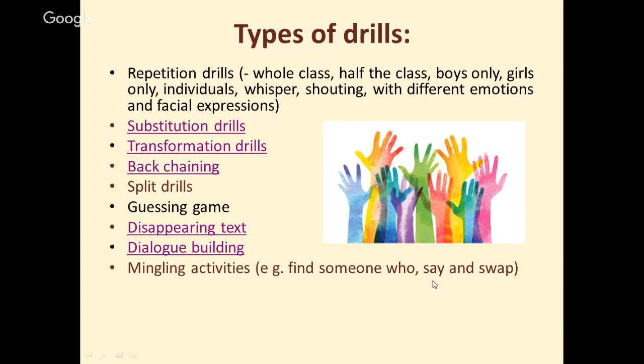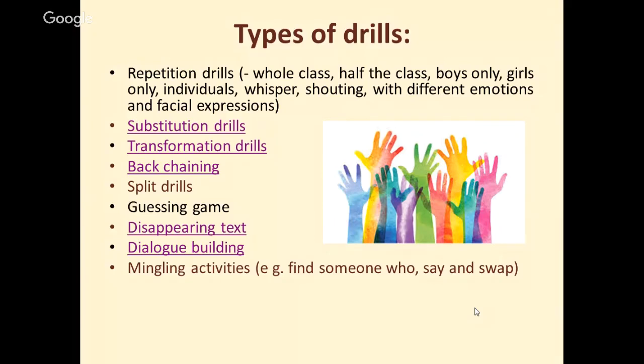And here I wrote say and swap. This one can be used with functional language or vocabulary when some piece of language is written on a piece of paper, and one paper per student is given, and students are mingling, and they need to pronounce the phrase correctly using correct intonation and pronunciation.